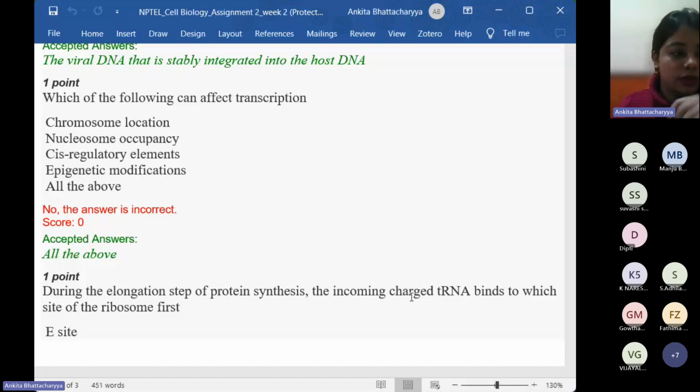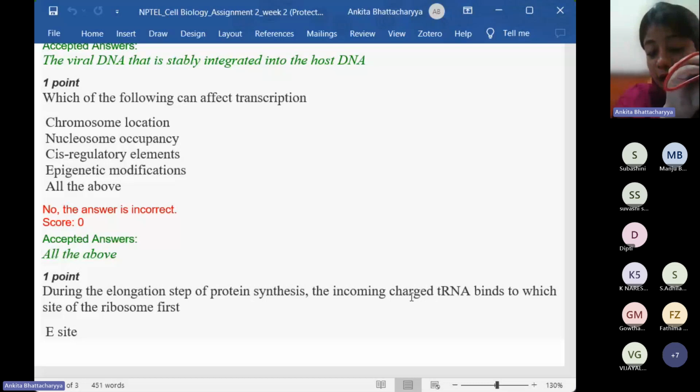So if this is normally your chromosome, it can form a structure like this and bring two parts close to each other. Some proteins interact here and form certain loops. Now, if this is the structure, it is very difficult for the transcription machinery to access regions such as this and to transcribe these regions.